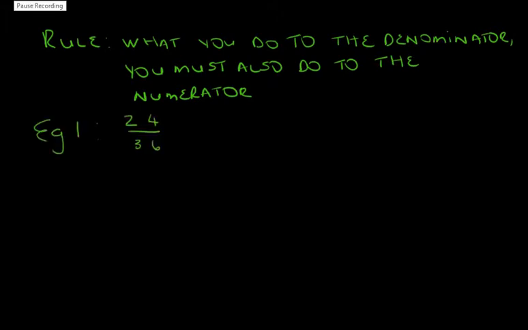If we have a look at this fraction, we can see that we can divide 24 and 36 by 2. So let's do that. We divide by 2 and we divide by 2 again. So 24 divided by 2 is 12 and 36 divided by 2 is 18.